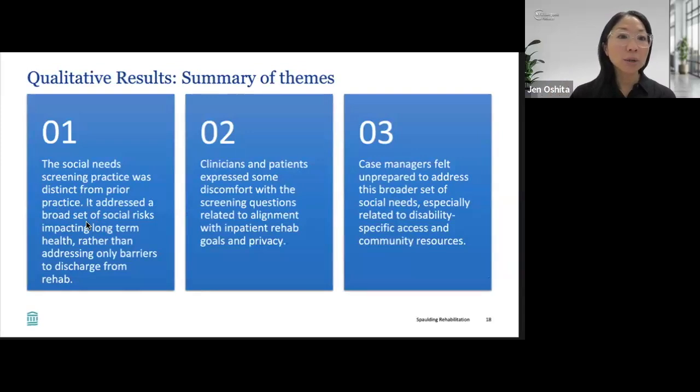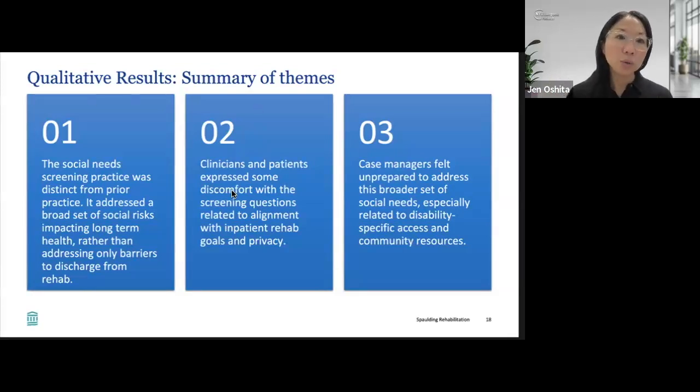It addresses a broader set of social risks impacting long-term health, whereas before we were really focused on addressing social needs that were barriers to discharge. So it moves the goalpost further down the road in terms of thinking about the health outcomes that we in the rehab setting are responsible for.